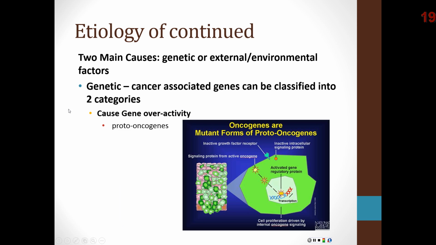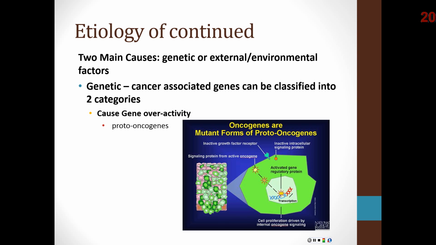All cancers are related to some sort of mutation that's linked to genetic problems. We have two main categories that we're focusing on; these are not all of the things that can go wrong with the genes. We either have genes that are involved in overactivity, and in a moment you'll see genes that are involved in underactivity.